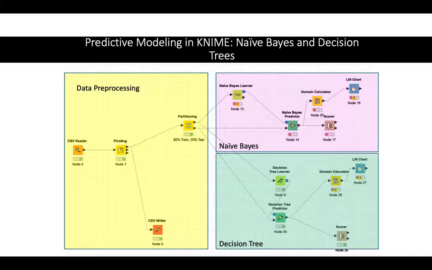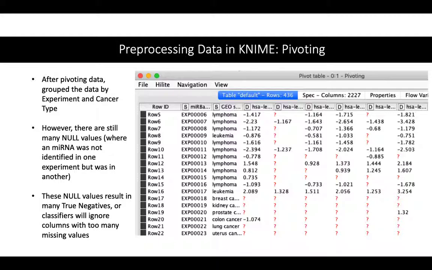You can see I've divided the workflow into data pre-processing, the naive Bayes workflow, and the decision tree. Most of my effort in the predictive modeling went towards data pre-processing. I chose KNIME for my predictive modeling because of its pivoting module. After pivoting the data, I was able to group it by experiment and cancer type, which you can see here, and transpose the microRNA values to be columns instead of rows.